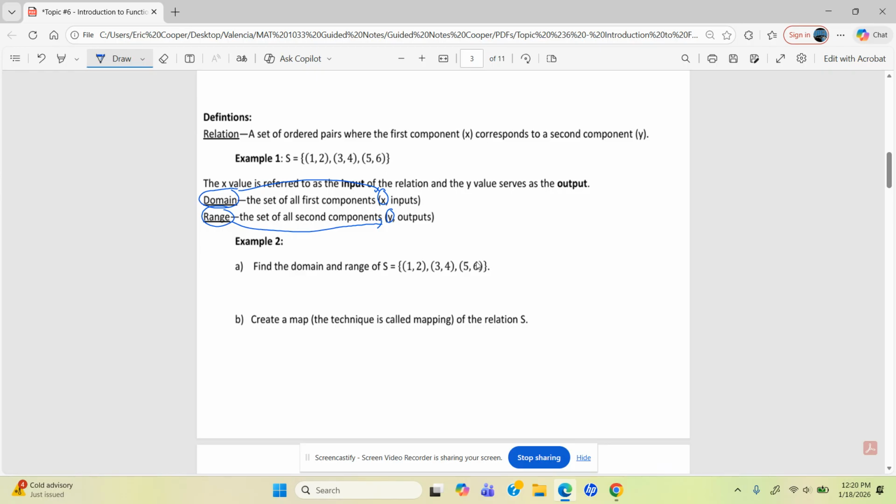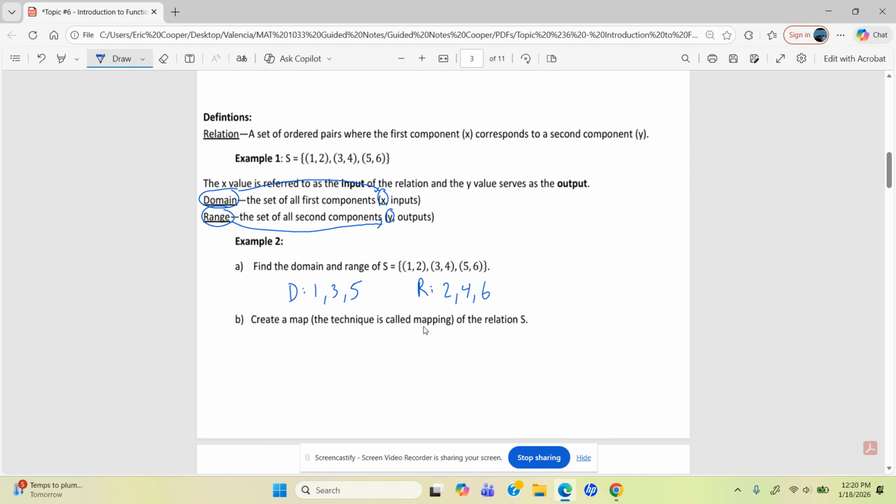In this example, find the domain of the function s, which is these three coordinates. Simply put, we would call the domain 1, 3, and 5, because those are all the x values. And then we would call the range 2, 4, and 6, because those are all the y values.